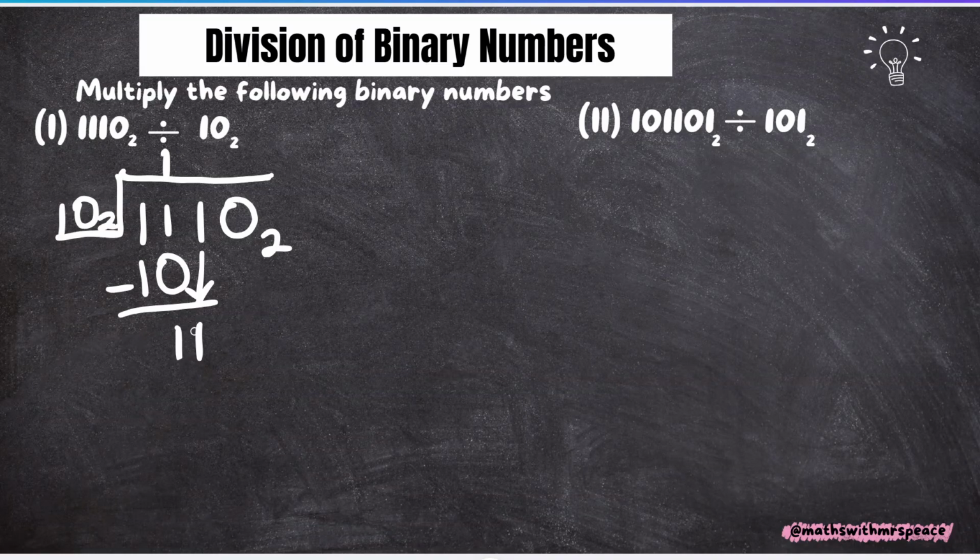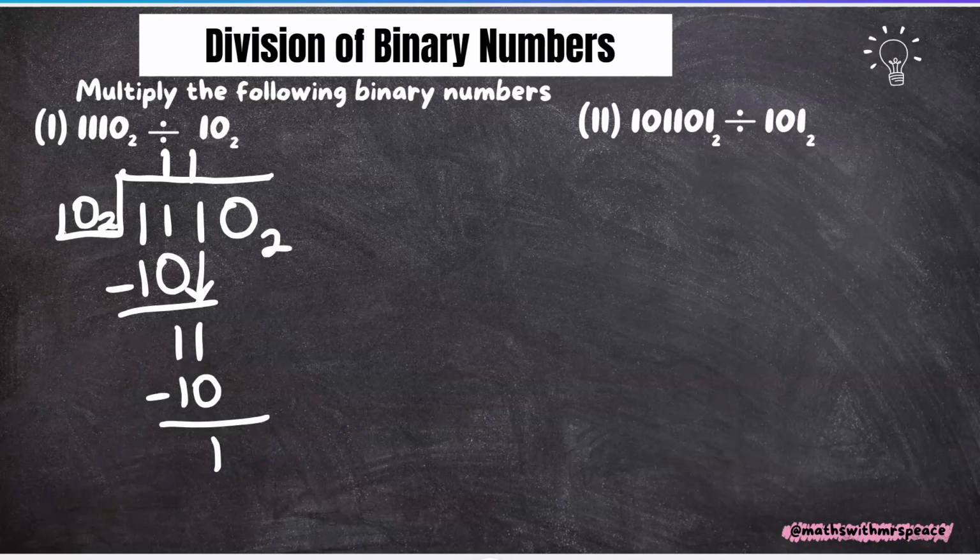So 1, 1 divided by 10 will give me 1. 1 times 10 will be 10. And then let's subtract. So 1 minus 0 will be 1. 1 minus 1 will give us 0. It's insignificant, so I'm not going to write that.